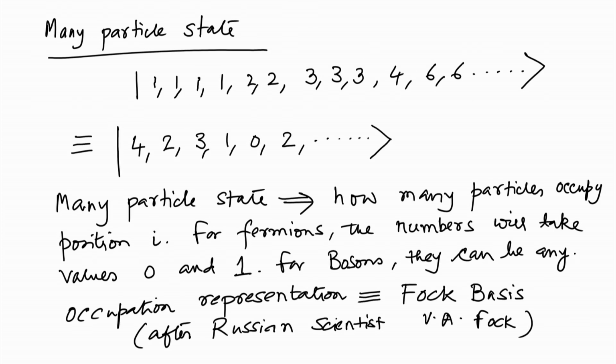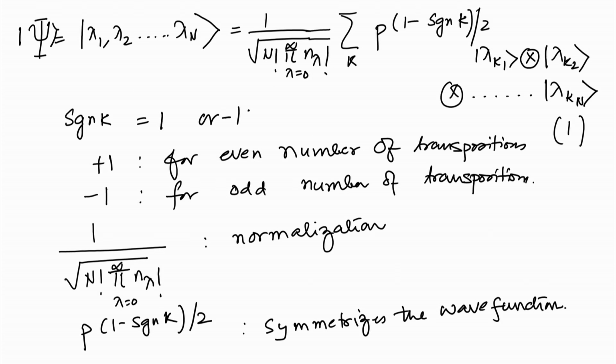However, in the position representation there is an enormous summation involved here in equation 1, which is a sum over k, and then there is a p to the power (1 minus sgn k)/2. It has been told earlier and it is written here as well that sgn k is either equal to plus 1 or minus 1, and when it is equal to plus 1, then there is no sign, that is this factor is equal to 1.